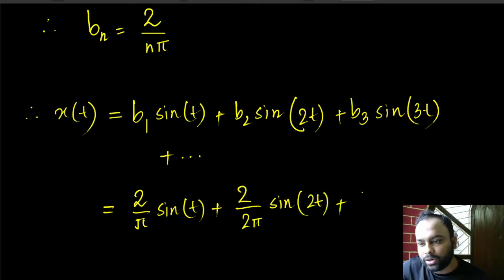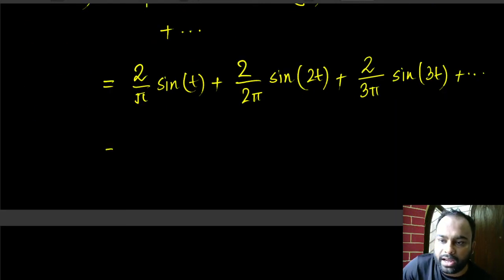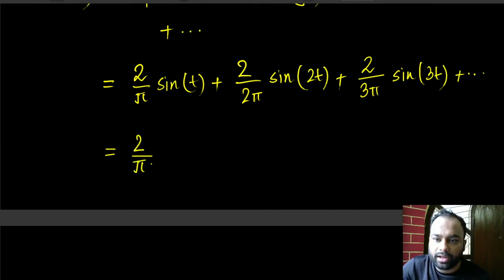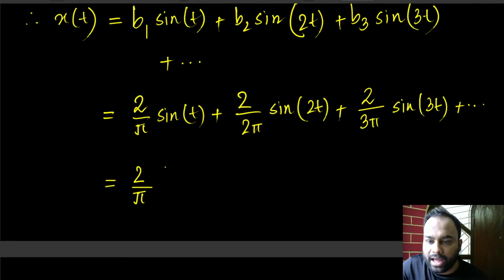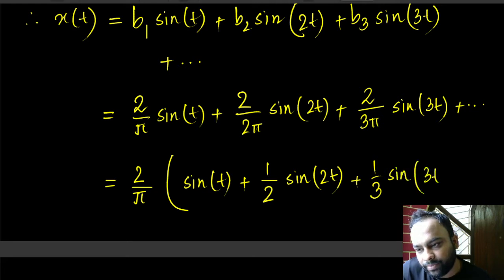What is b3? 2 by 3 pi sine 3t plus and so on. And subsequently, if I take 2 by pi common out of everything, I would have sine t, 1 by 2 sine 2t plus 1 by 3 sine 3t and so on.